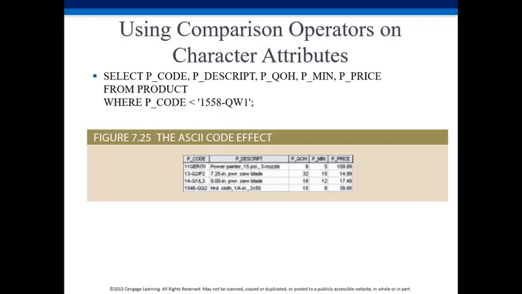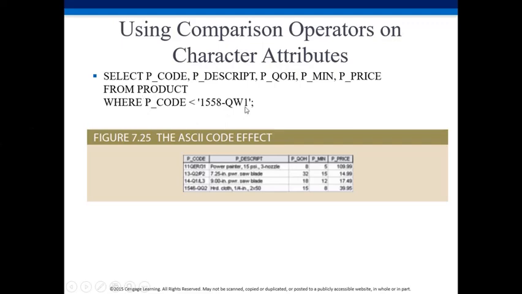So comparison operators may even be used to place restrictions on character-based attributes. Pwede siya sa alphanumeric, basically. Alphanumeric meaning the string is a combination of numbers and alphabet, and there may also be special characters.